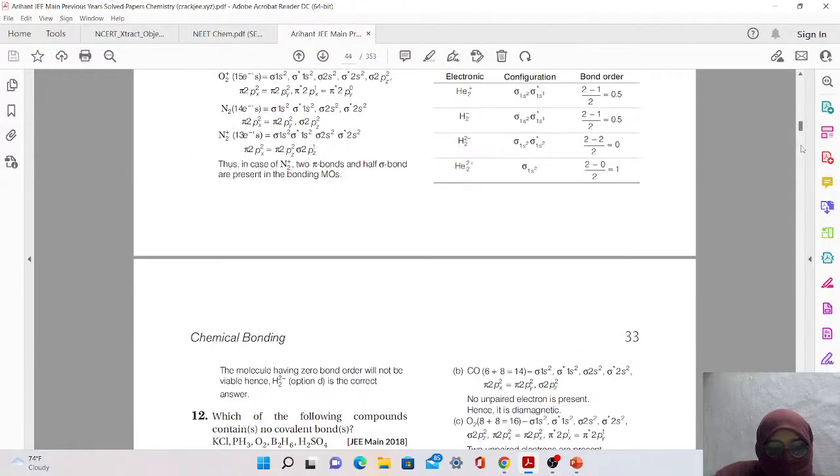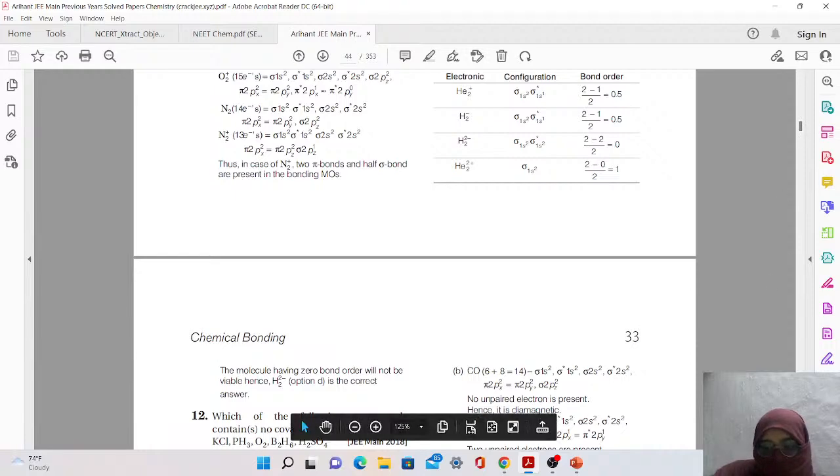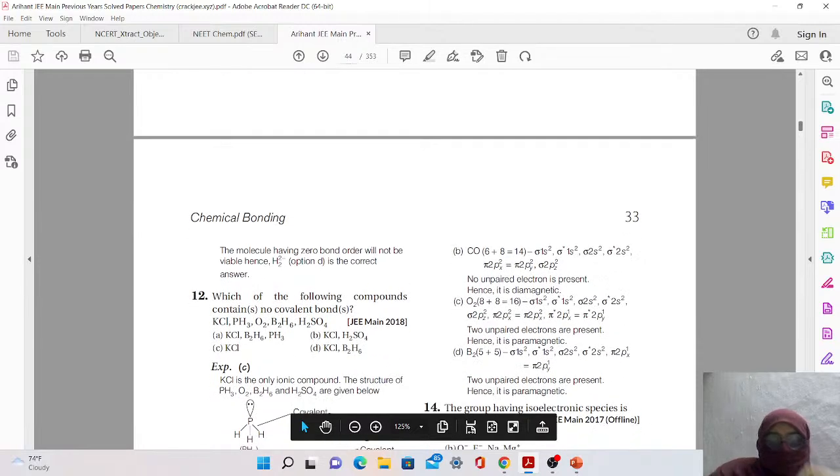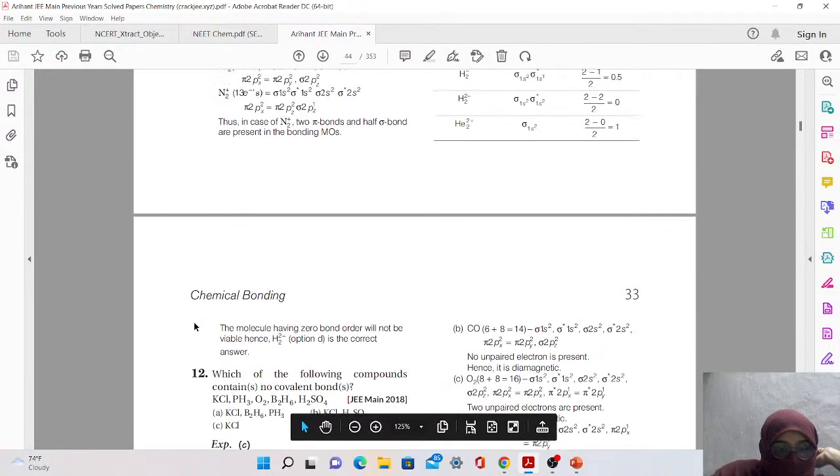I got the question, which is the 12th one. So we'll do the 12th question, which was asked in your JEE Mains 2018.